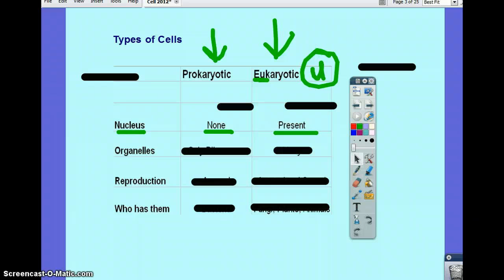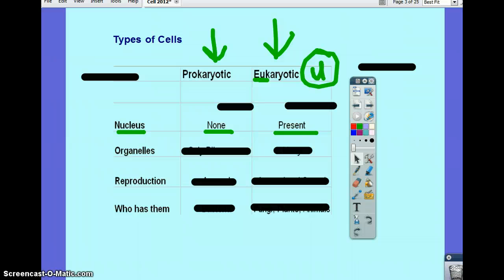So what organelles will eukaryotic cells have? What organelles will prokaryotic cells have? This should be easy because we just went over it. I think prokaryotic will have a cell wall. Maybe, but all prokaryotic cells will have what? I just told you.